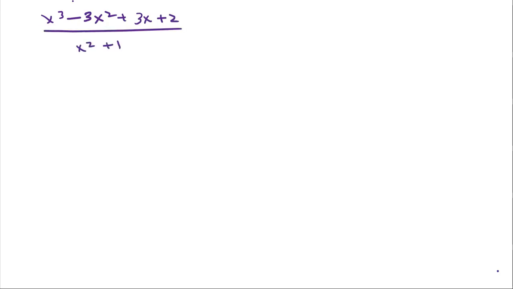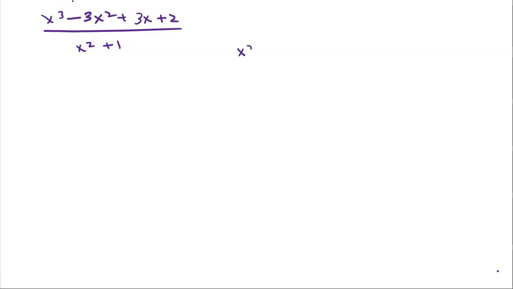Okay, so in this case, can I use synthetic division? Yes or no? No, right? I can't use it because we have a power of 2. So we cannot use synthetic division. So that means we have to do long division.